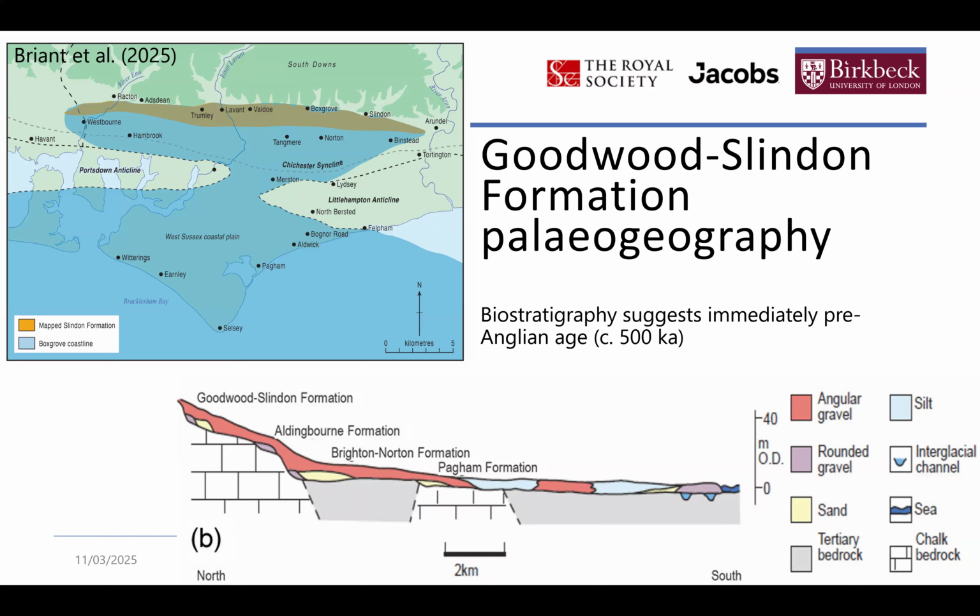So the silts suggest that it was a pretty low energy environment, so it must have been a closed embayment. And of course, we've got these two chalk outliers, which would create that closed embayment if they hadn't been eroded away, which we think they weren't at that stage. So this is where the Goodwood-Slindon beach is, and you've got the coastline in this embayment, and then coming out on either side.